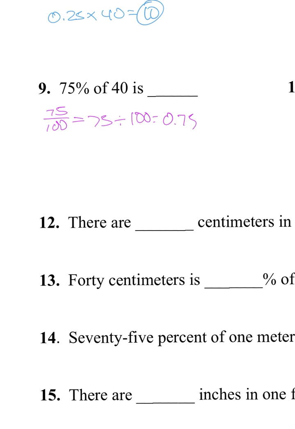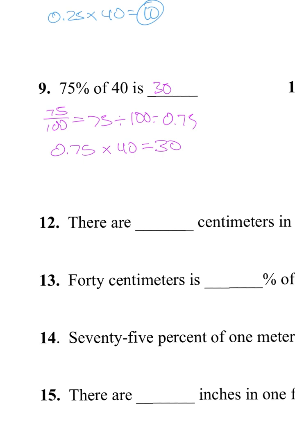So 75% is the same as 0.75, and of means multiply. 40 is 40 and is. So on our calculators, 0.75 times 40 is 30. So 75% of 40 is 30.